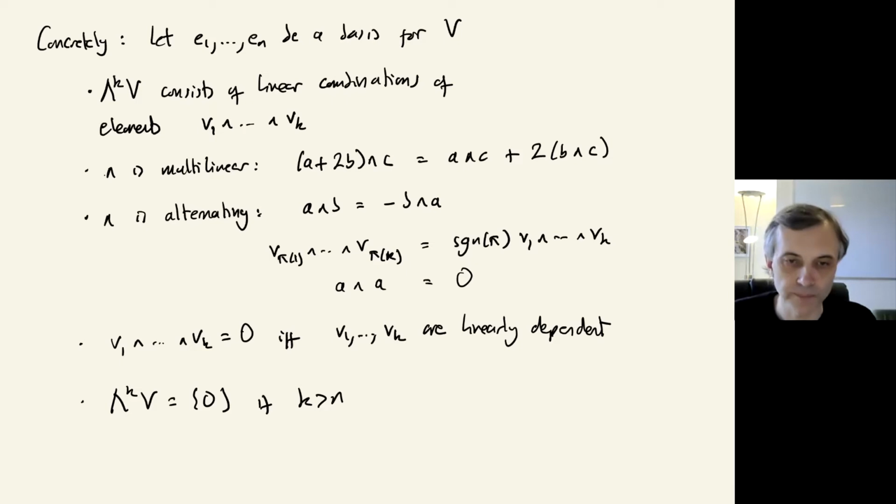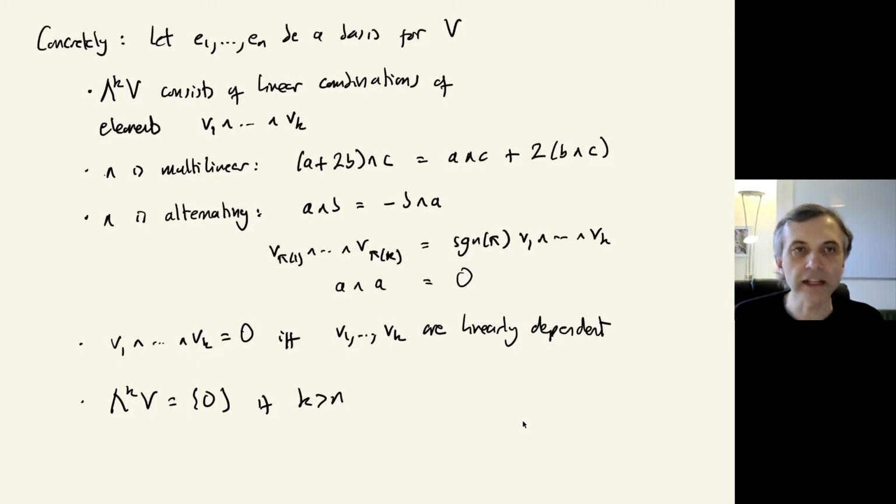And if they don't span a k-dimensional subspace, so if it's a low dimensional subspace, then you get 0 as the wedge. For that reason, if k is larger than n, the dimension of your underlying vector space, then the kth exterior power is 0 because you're wedging together more vectors than you have dimensions. So there has to be linear dependence.